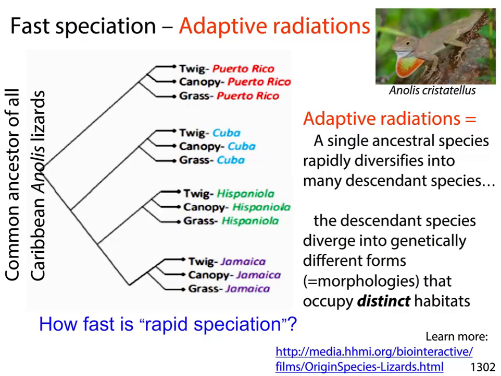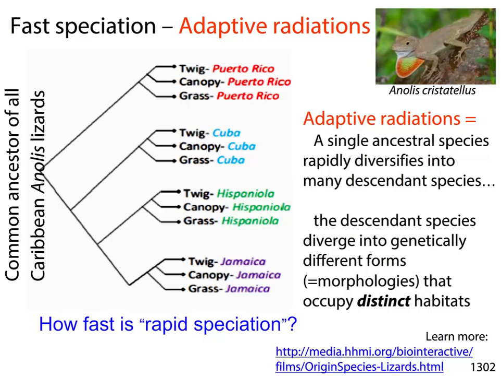There's a really great example of this in the Anole lizards. I don't know if you've ever seen Anole lizards before. If you've ever been to Florida or any one of those places, these little guys run around everywhere. They're super cute and super wild, and they hate humans, and they try to hide as fast as they can. Well, there was a common ancestor of all the Caribbean Anole lizards, and I think even people down in Florida call them Izzies.